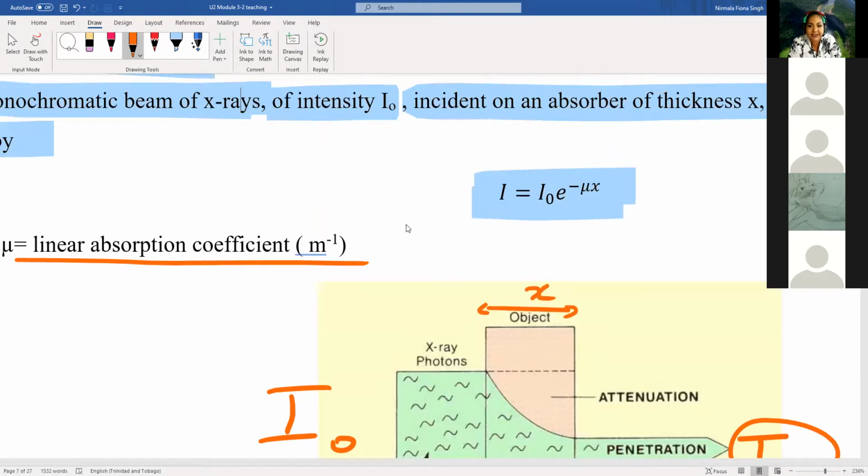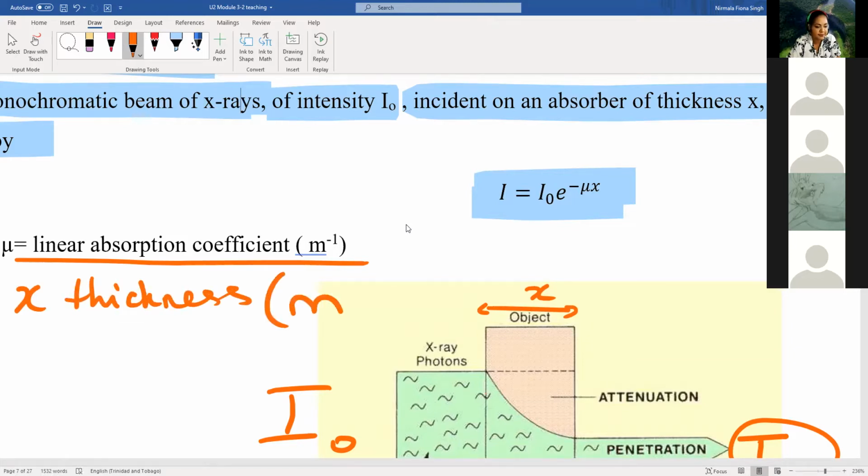This is unique to every single material, and it depends on their density and where they are in the periodic table. The units for the linear absorption coefficient are m to the minus 1.